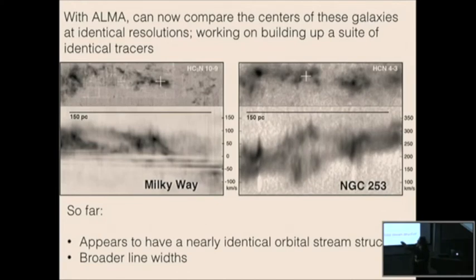You see a nice tilt here and also a separation in the velocity, which is suggesting the same sort of ring or stream features that are going on. The main difference that we see so far is certainly a broader line width in NGC 253. But we've not looked carefully to see to what extent that's a broader line width in the few clouds that are not as actively star forming, and to what extent this is actually a broader line width because something, potentially these clusters, is in fact launching a molecular wind from the disk of NGC 253.